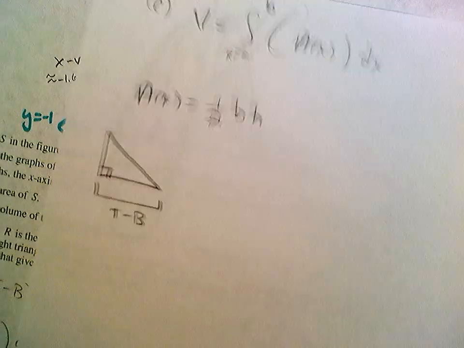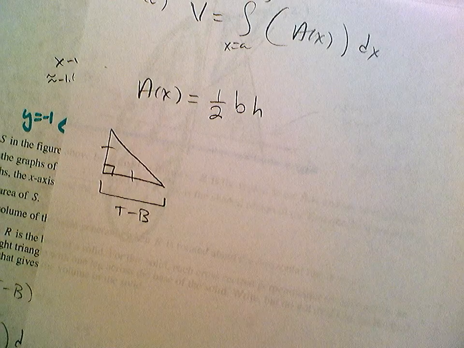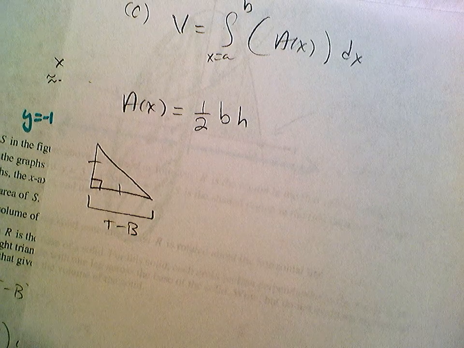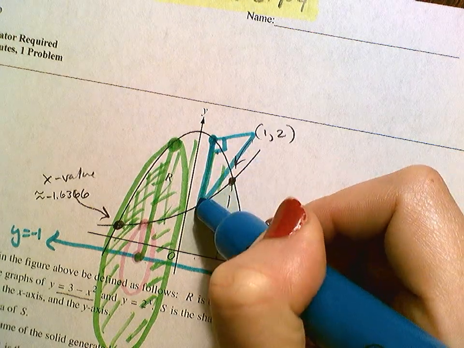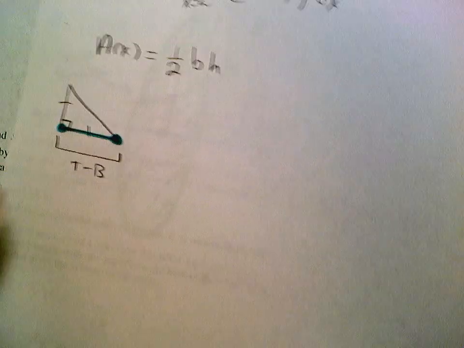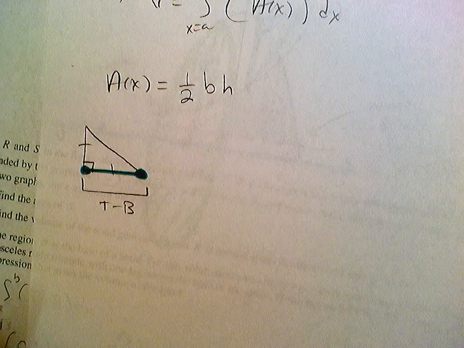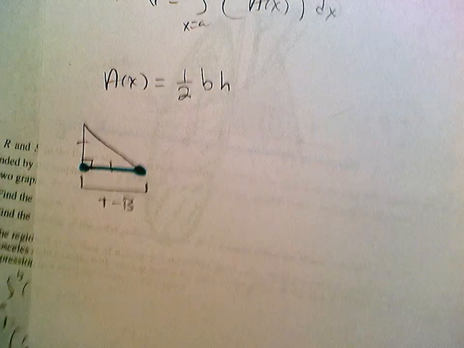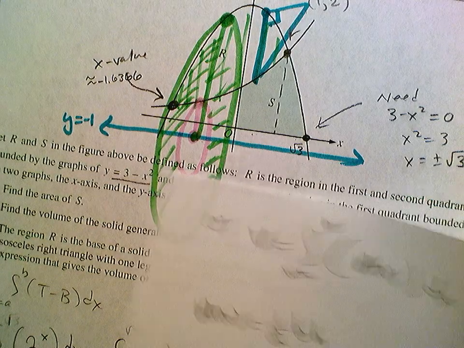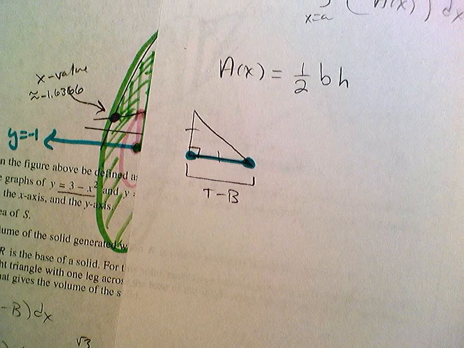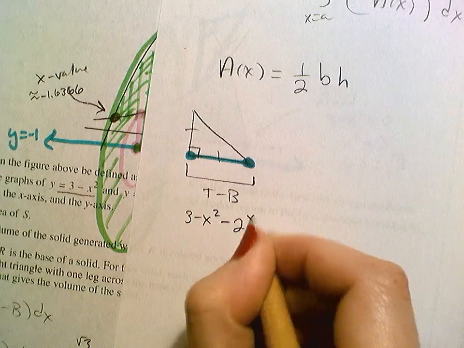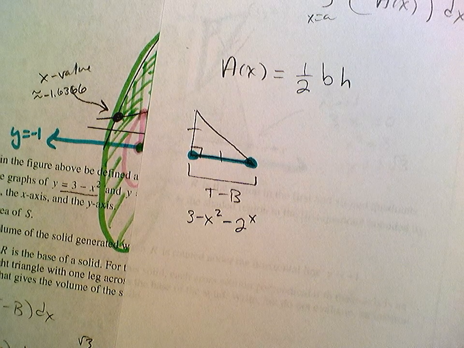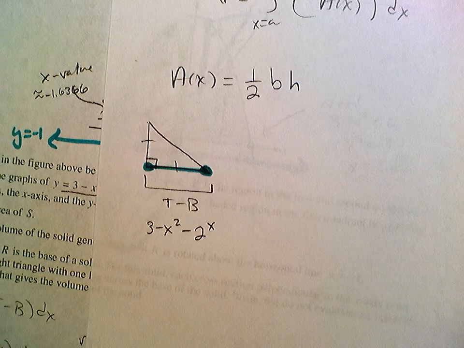Oh, and it's an isosceles triangle. All right, so this blue line that I just drew is this blue line right there. Okay, I could have drawn it differently. So top minus bottom. So it's the parabola minus the exponential function. So that's the base, and it's also the height.